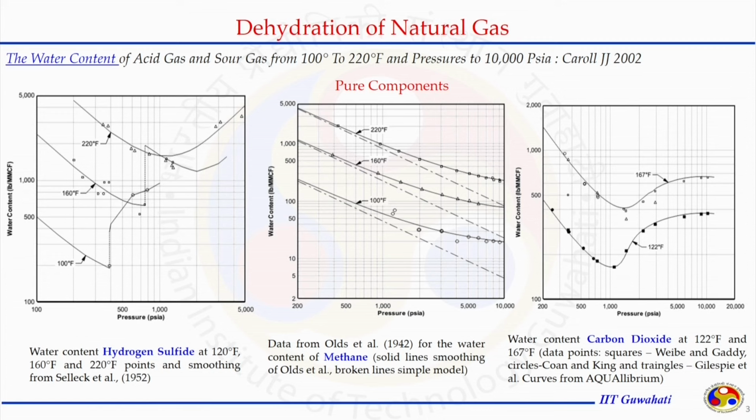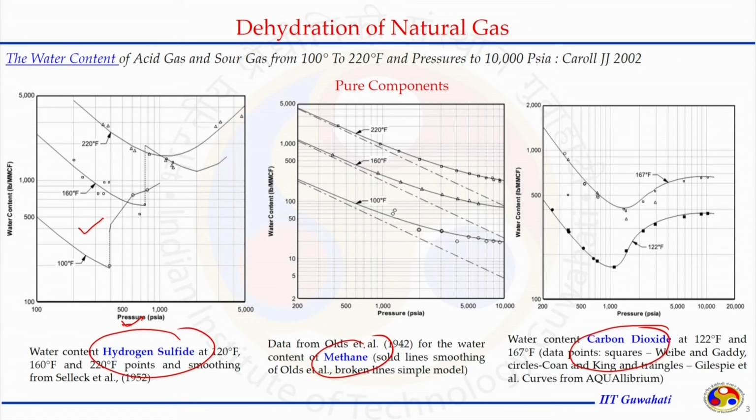So, this slide shows that when we have different gases like hydrogen sulfide, methane and carbon dioxide in pure state, the amount of water they can contain at a particular temperature and pressure depends on the pressure as well as the temperature.